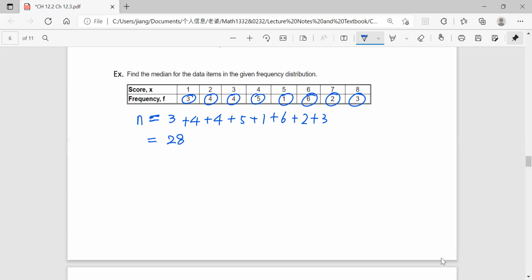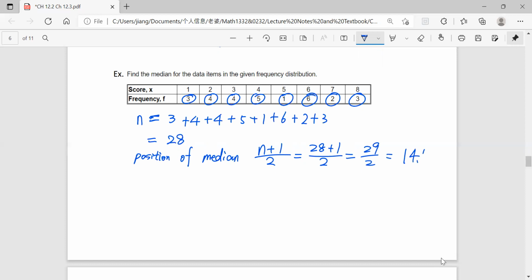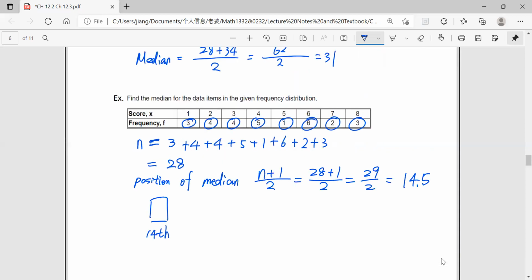So if we are looking for the median, the position of the median equals n plus 1 over 2. That is 28 plus 1 over 2. That is 29 over 2. That is 14.5. That means we need to find the number on the 14th position and 15th position. So what is the 14th?